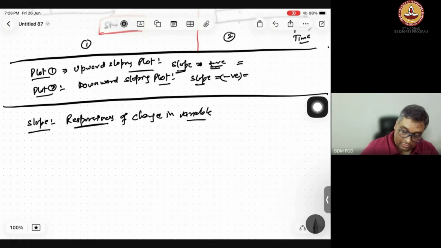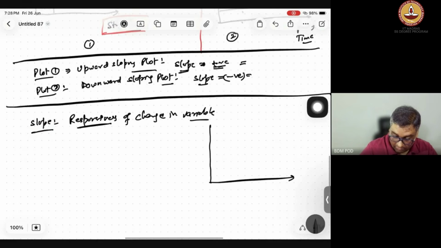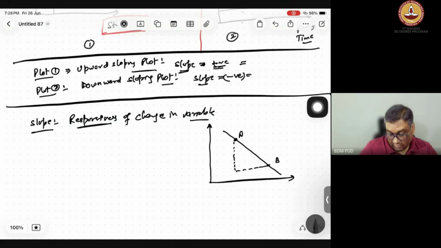Okay, so if you are going to calculate the slope, suppose this is your plot. This point you can consider A, and this point you can consider B. Whatever the rate of change we are getting here, this is change in Y and this is change in X. We consider this point X1 and this X2, this as Y1 and this as Y2.